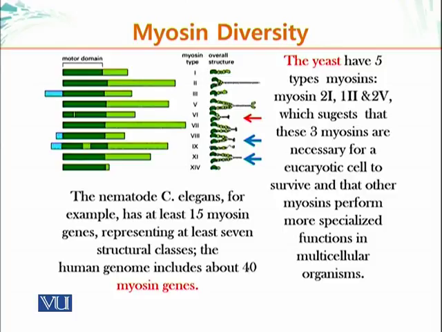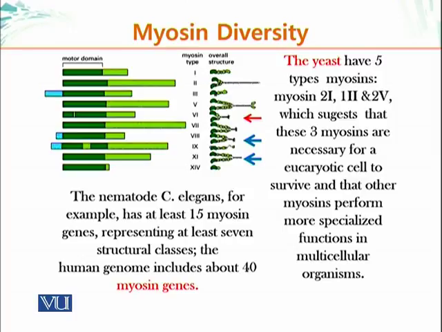Yeasts, for example, have 5 myosins: 2 type 1, 1 type 2, and 2 type 5 myosins. This suggests that these 3 myosins are probably necessary for a eukaryotic cell to survive, and the other myosins have more specialized functions in multicellular organisms.